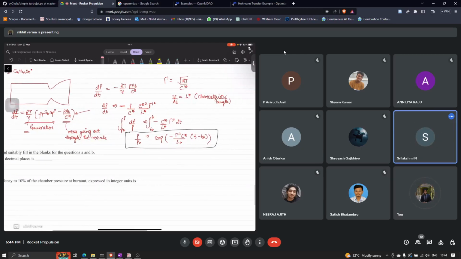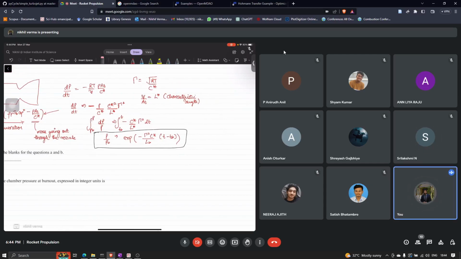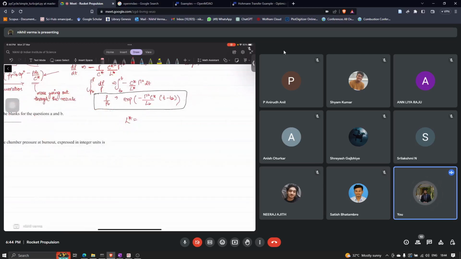Okay, L star has a significance: if you are using, say, a liquid propellant, it is defined for different types of fuels, and also the initial diameter.